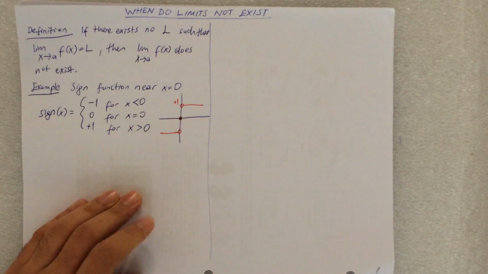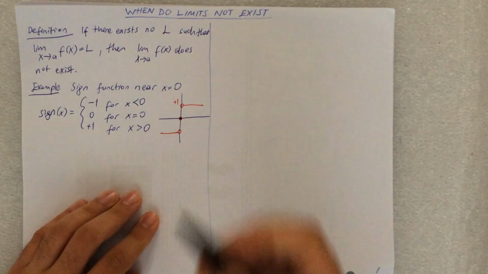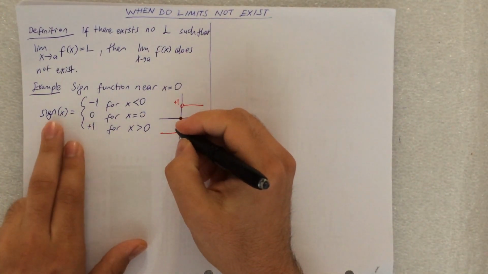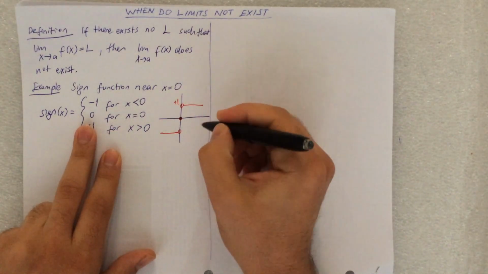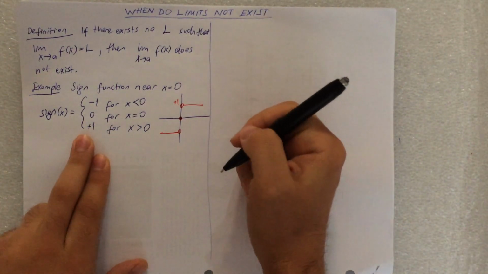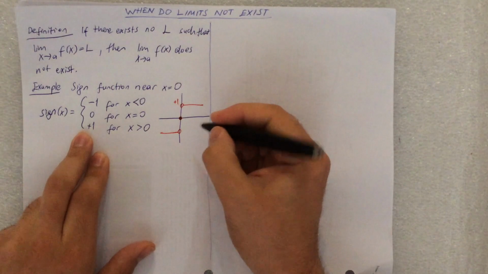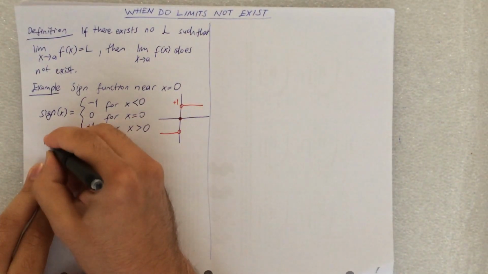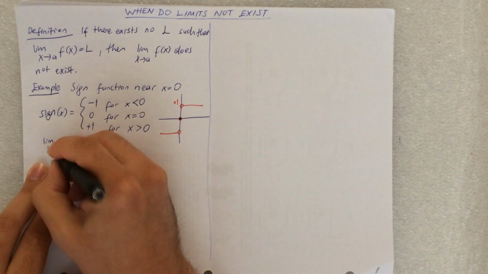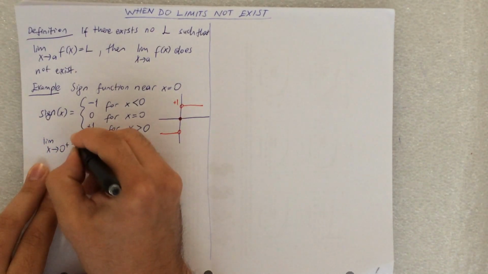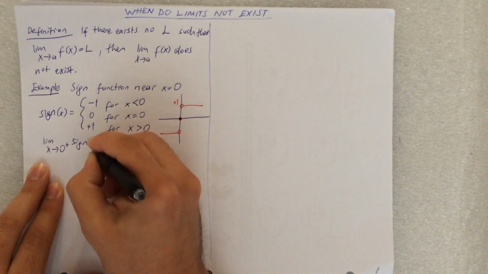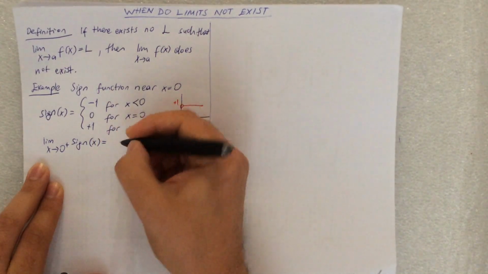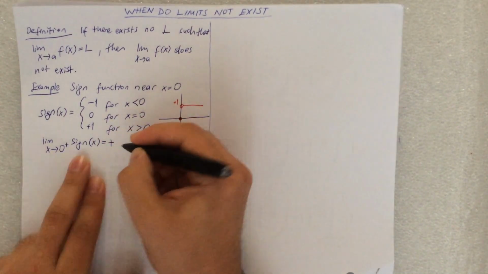Although we have the Signum function defined at x equal to 0, the limit is not defined, because if you write down the right limit and the left limit, we see that they're different from each other.